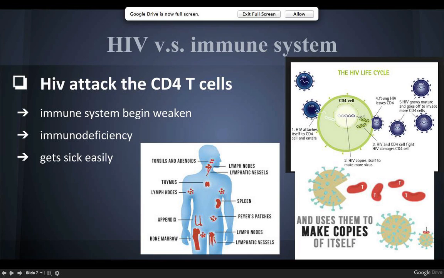So now I will explain how HIV attacks your body. First of all, HIV will directly go into your immune system and kill the cells called CD4 T cells.